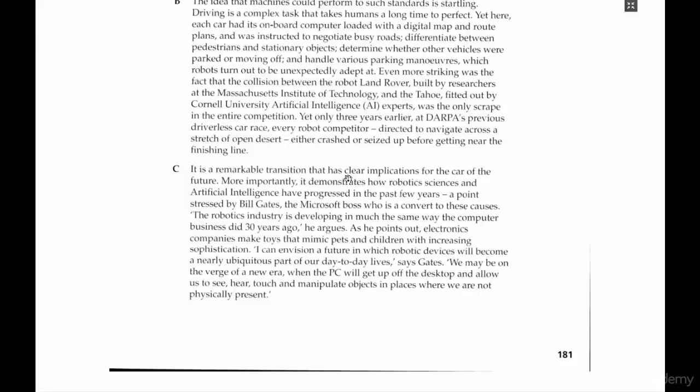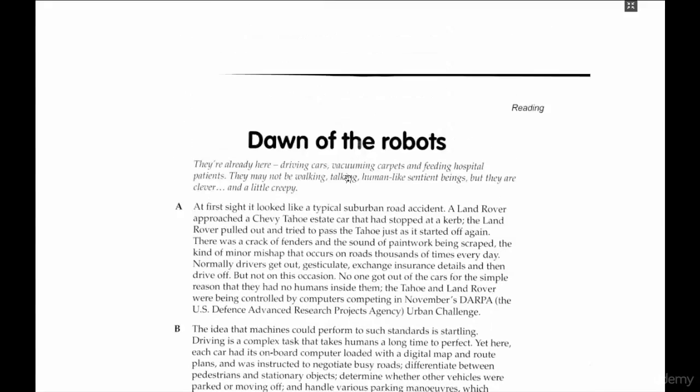And our last sentence says, we may be on the verge of a new era where the PC will get up off the desktop and allow us to see, hear, touch, and manipulate objects in places where we are not physically present. All right, so it seems like here they're talking about the car of the future, and in the last sentence they're making a comparison to a PC computer. Okay, let's see if we can find something that matches that.